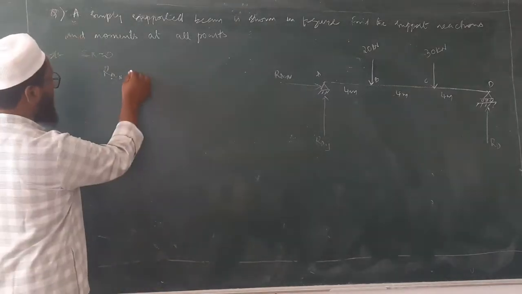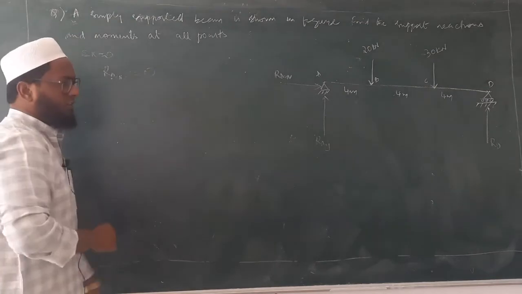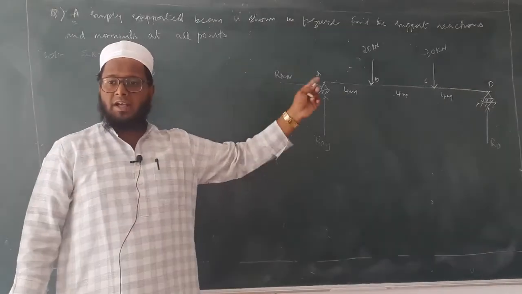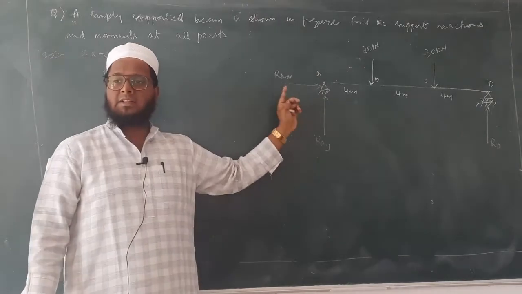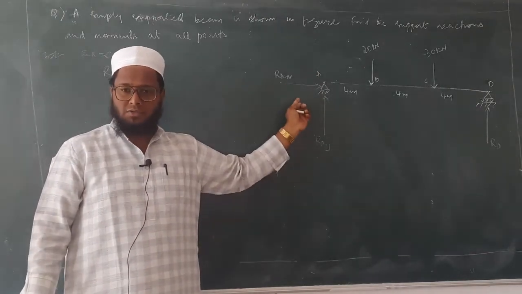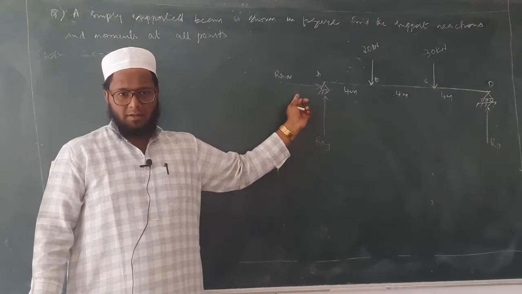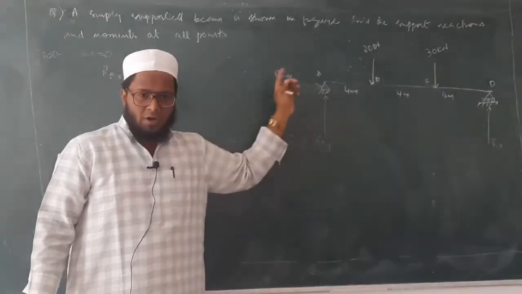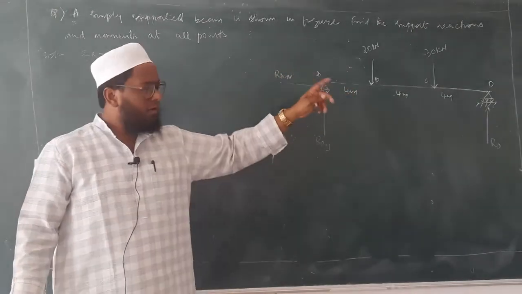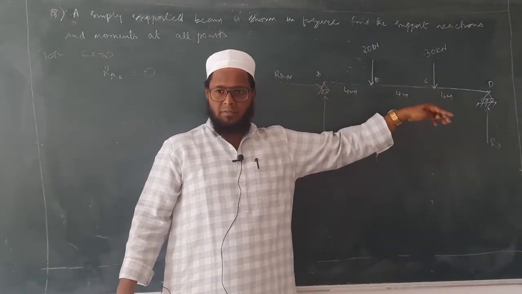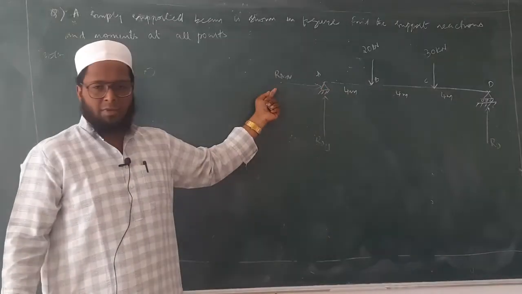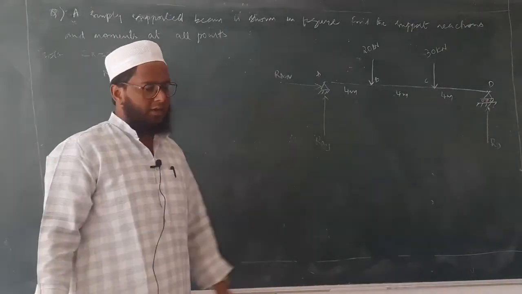So it is equal to 0. This means that when you do not have any horizontal forces and you have one hinge support, then that horizontal component will be equal to 0. Are you following? All vertical forces are acting on the beam. So this will become 0 directly.